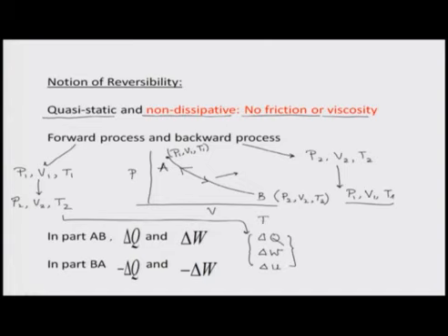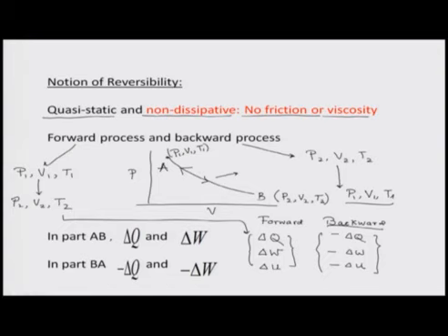If this represents my forward process, in the backward process I should have minus delta Q, minus delta W, minus delta U. That is what I mean when I say forward and backward processes are completely equivalent.